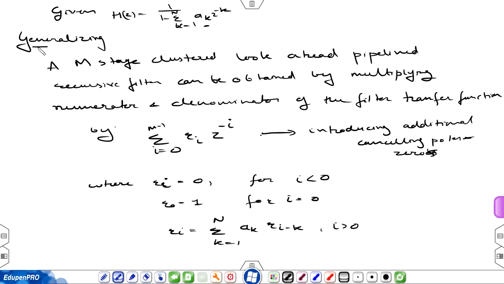Now generalizing, an m-stage clustered look-ahead pipelined recursive filter can be obtained by multiplying numerator and denominator of the filter transfer function. So H(z) should be multiplied and divided by the transfer function given by this formula, summation i equal to 0 to m minus 1 r_i z^-i.